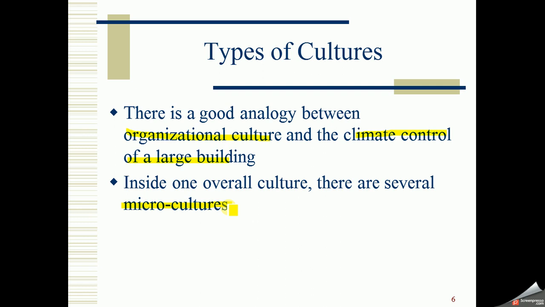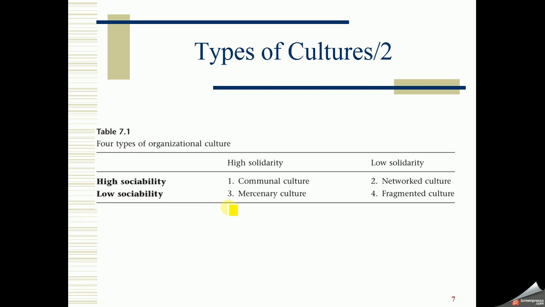So just like in a big building, although the temperature is set at one setting, different parts of the building will have different microcultures. Similarly, in an organization, we have one overall culture, and we will have several microcultures in different departments, in different sections, and in different groups of people.